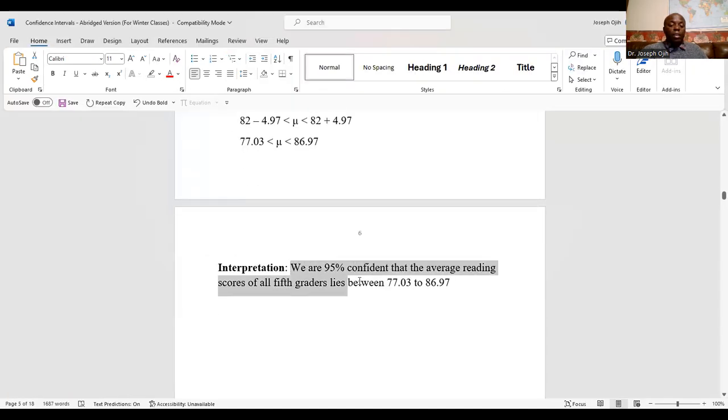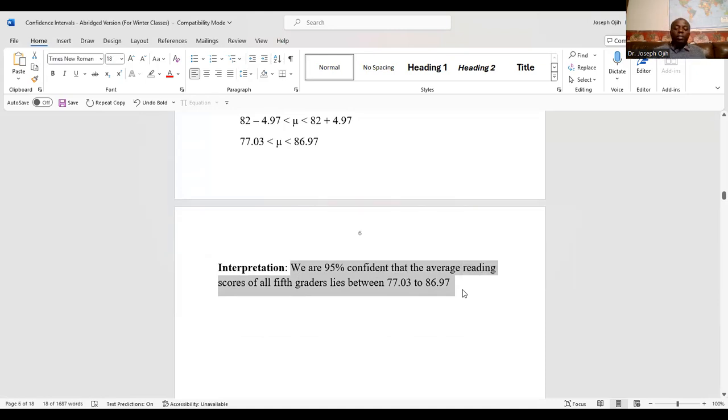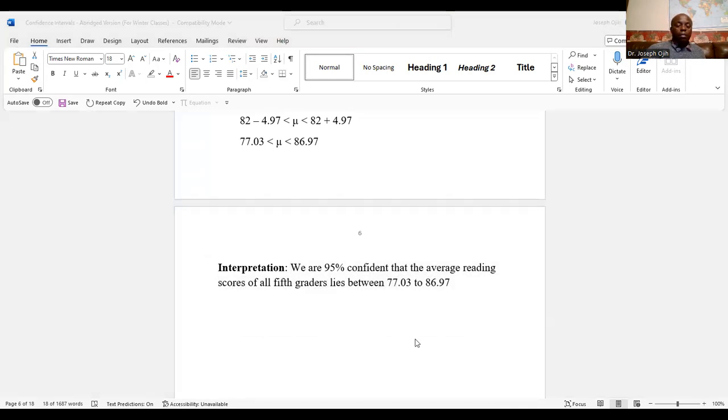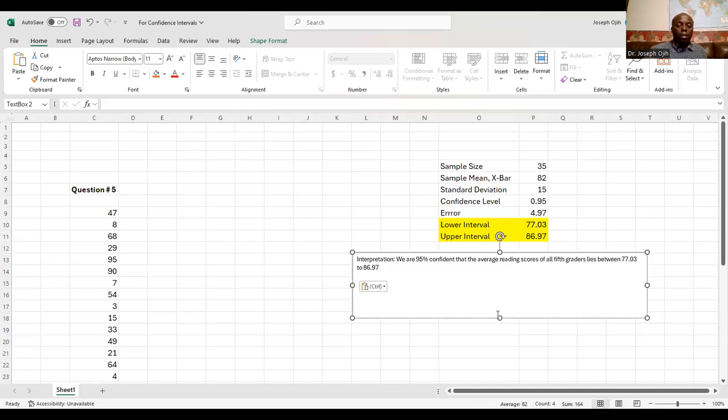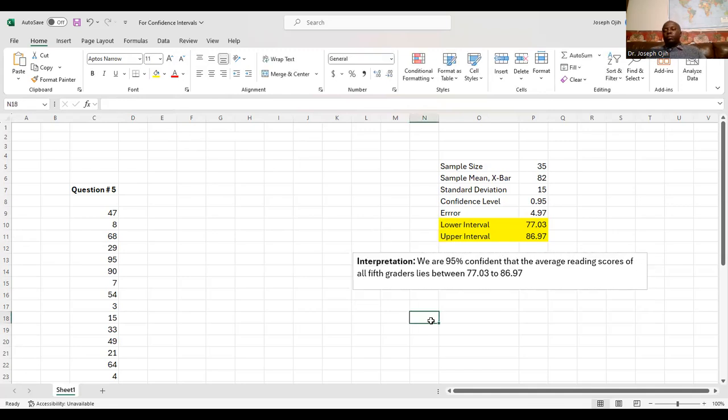We are 95% confident that the average reading scores lie between the amount we stated. Okay, let's save it. Make it a little bit bigger, make it 16 as a matter of fact. The interpretation right here. See?